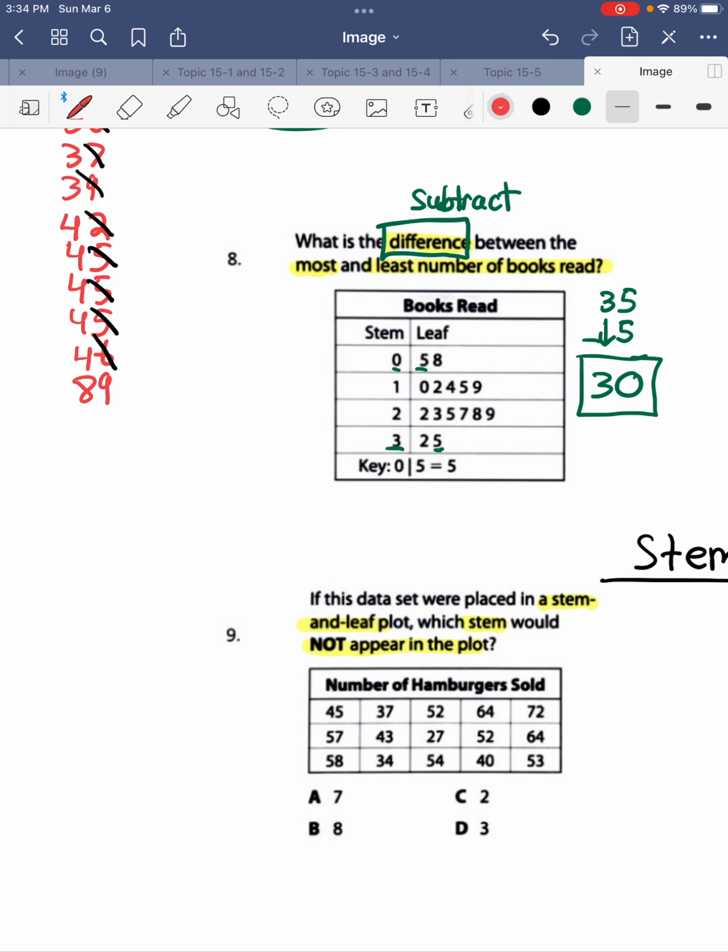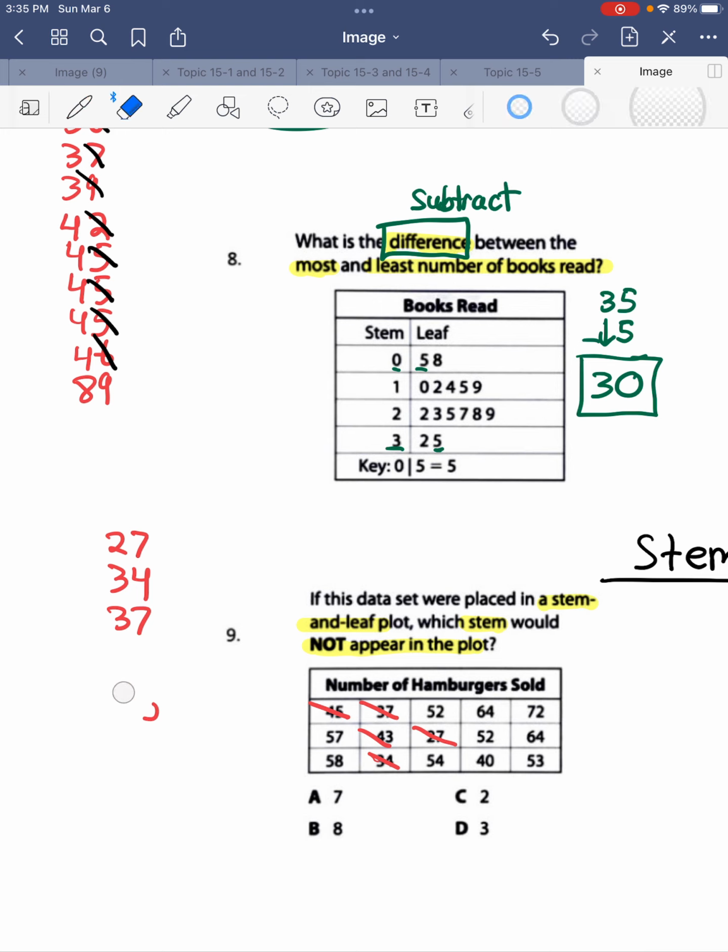My least number is 27. Okay, cross it off. Let's see. Then it's 37. Oh, it's not 37, it's 34. Then it's 37. Okay, let's do my 40s now. So it's 43 and then it's 45. Oh, whoops, I forgot one.